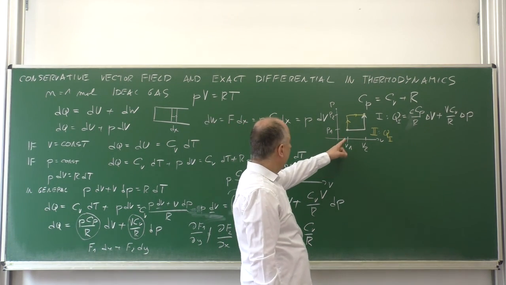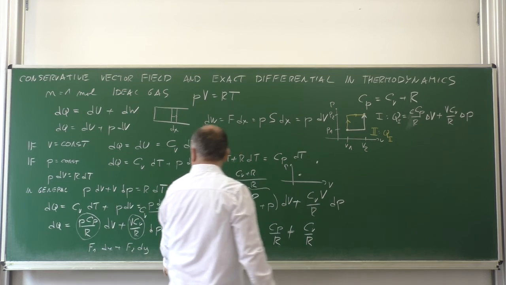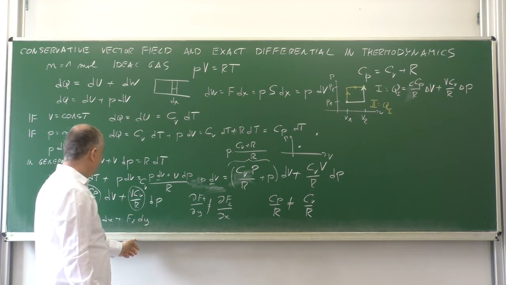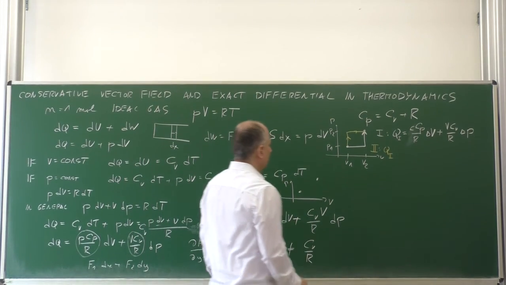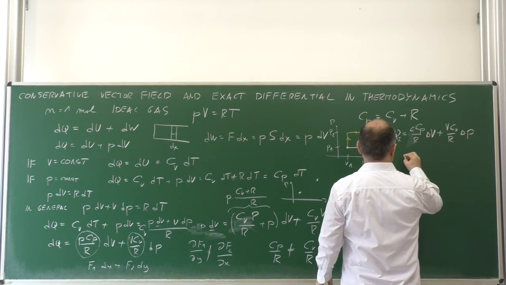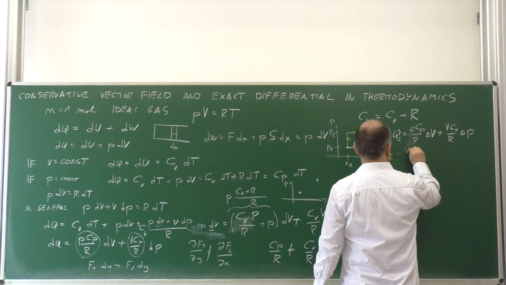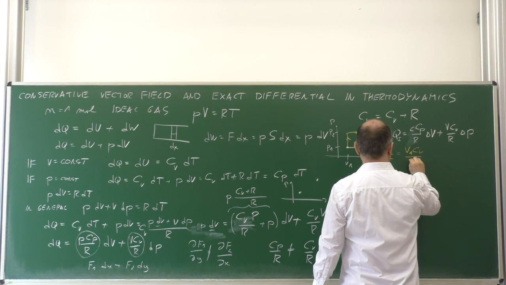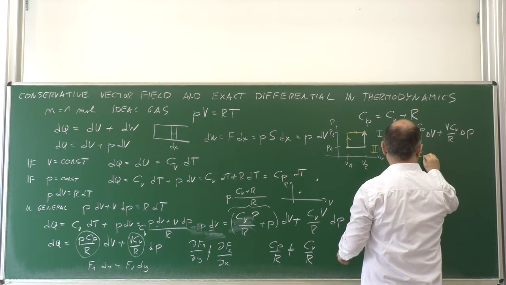Then first the volume is constant, so dV is 0, and we integrate V Cv divided by R, and V is equal to V1, so V1 Cv divided by R times delta P.